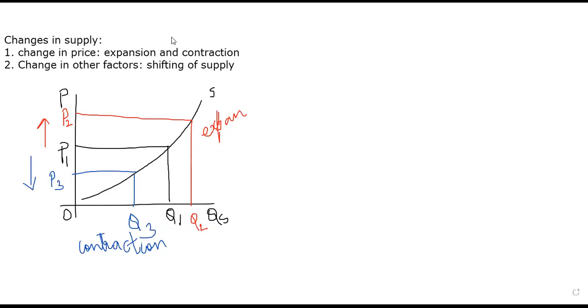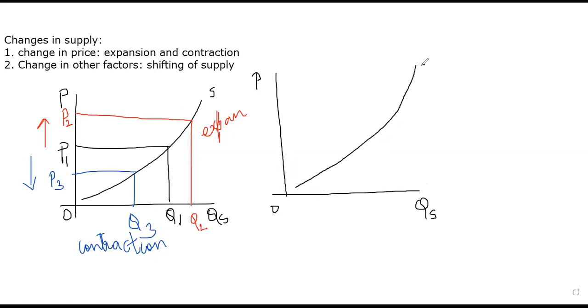Okay. The second change is due to other factors. Any doubts? If I'm moving fast, or if you want any clarification or any pause, please let me know. Okay. Second change is when supply is changing due to other factors.